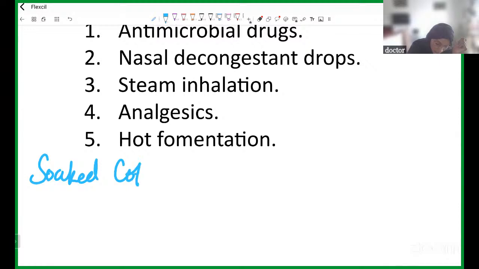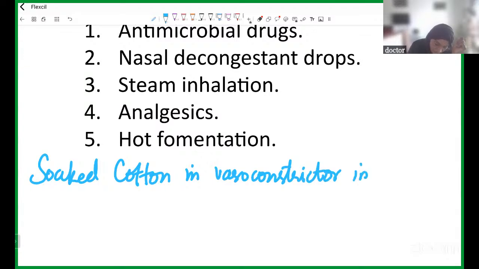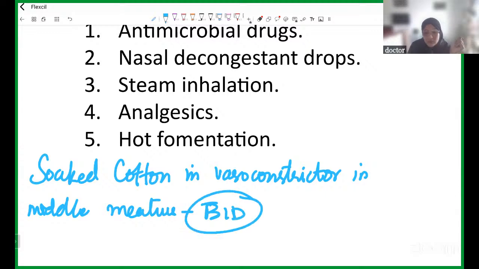Soaked cotton in vasoconstrictor, BID. Okay, it's 2 times a day.